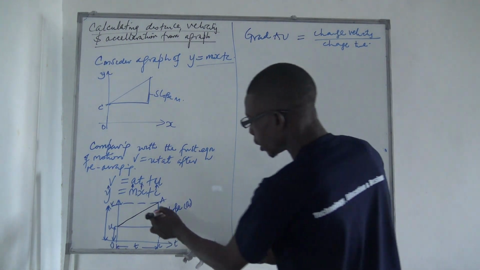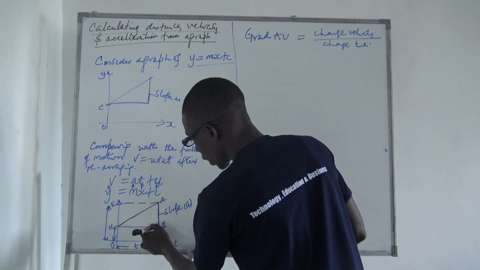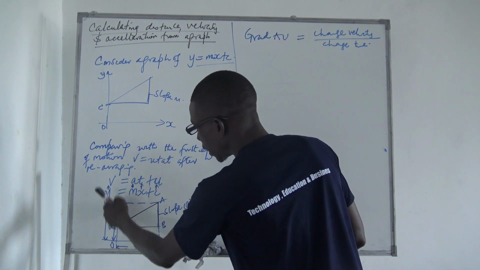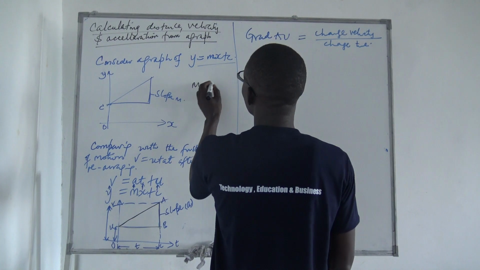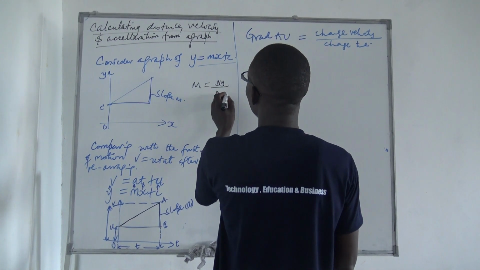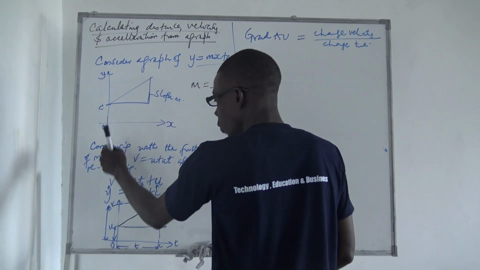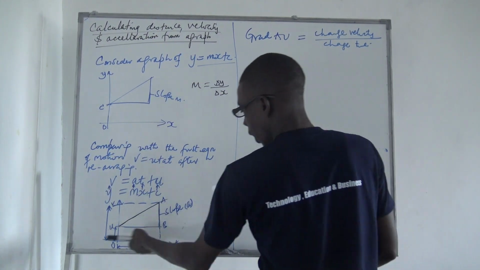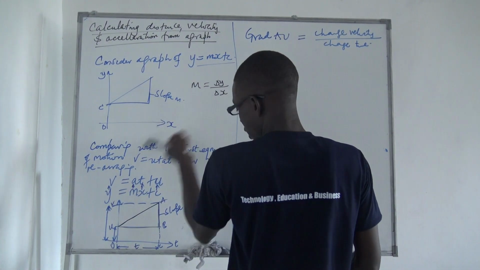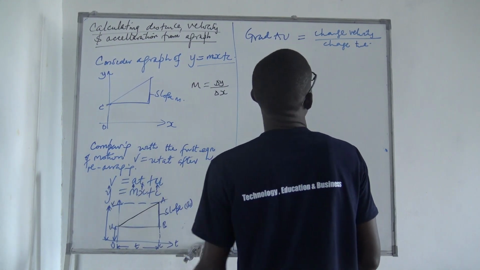So it will be change in what is here over change in it. It's like here if you say what is the gradient? It is change in y over change in x, where y is what is vertical. So it can be change in v over change in what is here, because for us, instead of x we have t. Instead of y we have v.